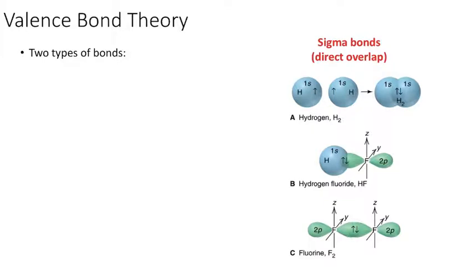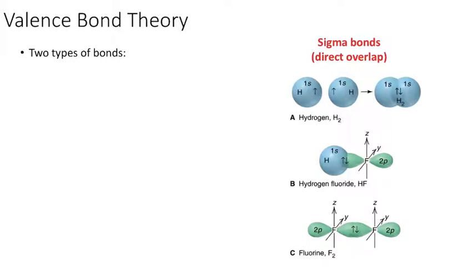There are really then two types of overlap that can occur. The first of those is called a sigma bond. That's when you get a direct overlap. And you see three examples on your screen of the different ways atomic orbitals can directly overlap. The top one, A, being two s orbitals overlapping directly. The middle one, B, is an s and a p orbital overlapping directly.